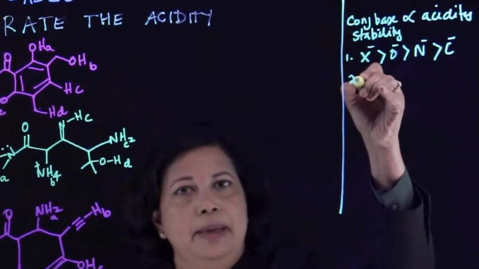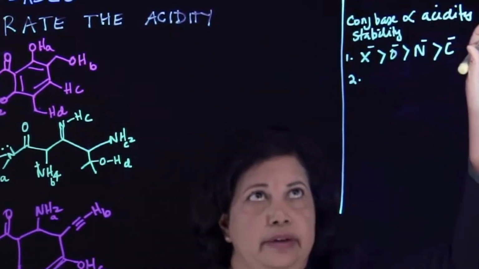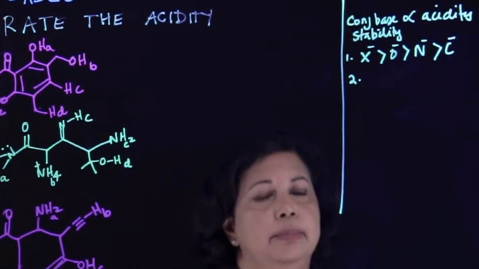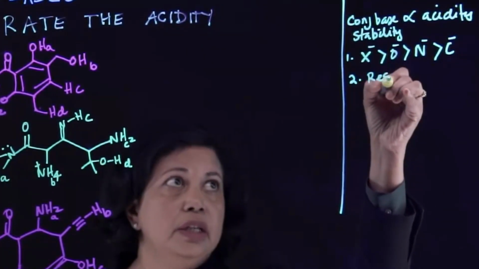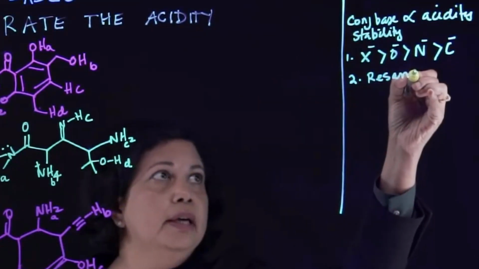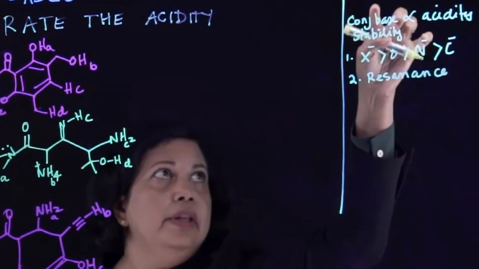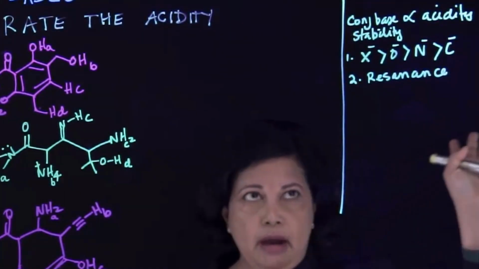Two, we talked about the size, electronegativity, and all of that. We talked about resonance. So if you have lots of resonance and resonance on oxygens and electronegative atoms, then it becomes more stable, and therefore the acidity of the conjugate acid would be high.